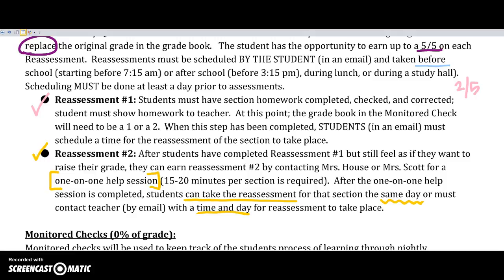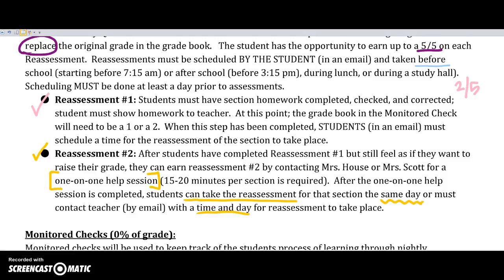So I'm super excited about these reassessment opportunities for the daily and just what grading for learning is all about: giving them the opportunity to learn the material and to see what knowledge they have learned and can continue to carry with them for the next math classes that they have.